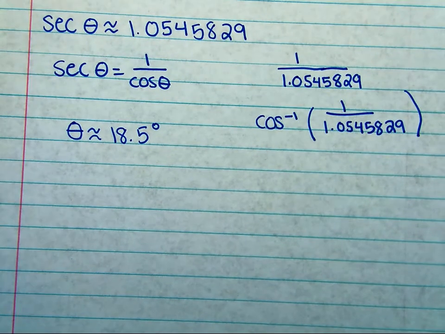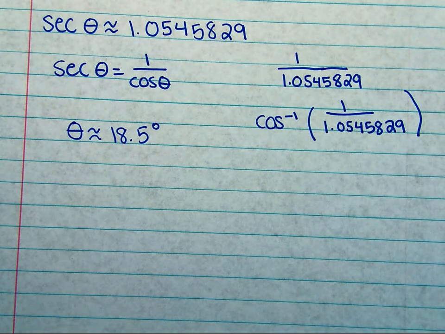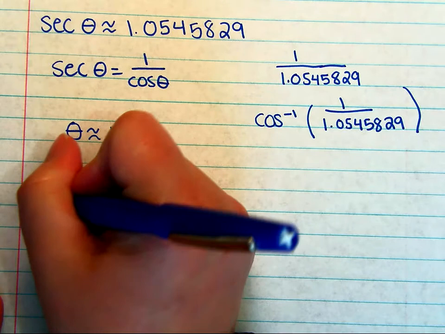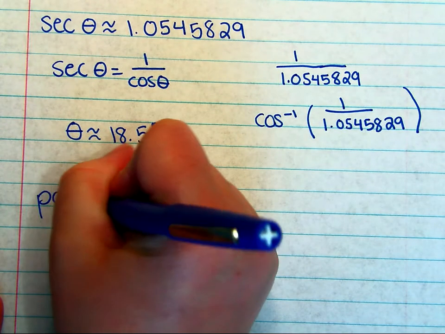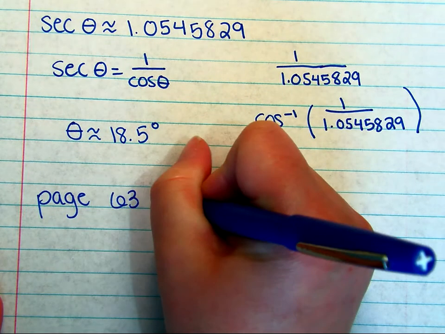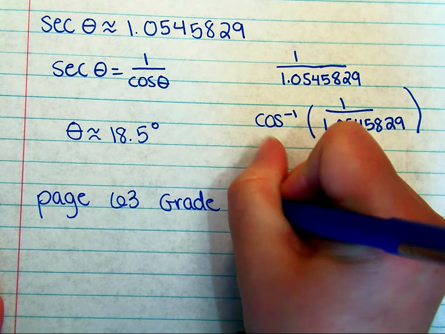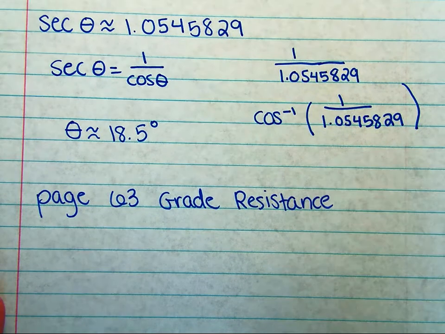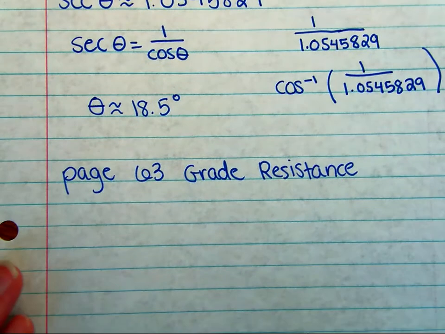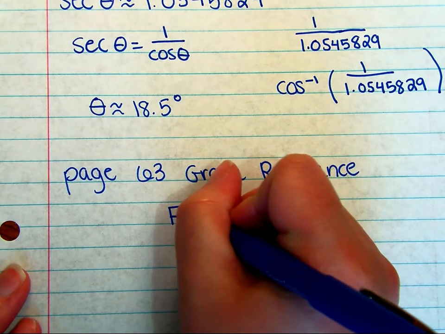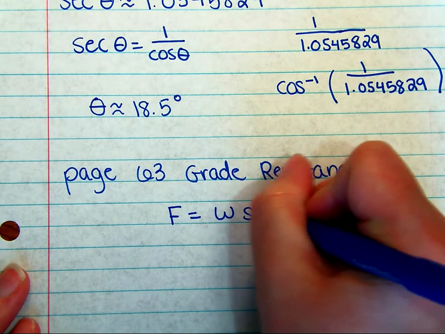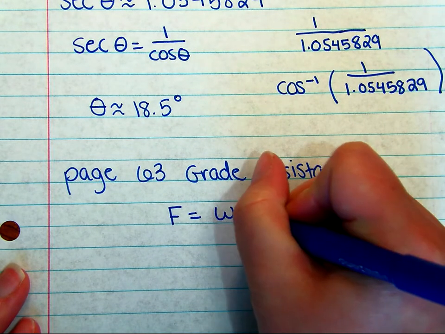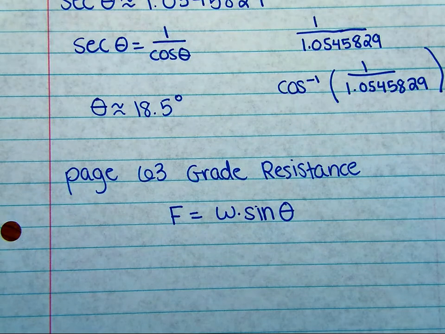Okay? The last part of this section is on page 63, and it's grade resistance. An important thing that you need to be able to do as a mathematician is, given any formula, you should be able to solve for any of the missing information that you're given.